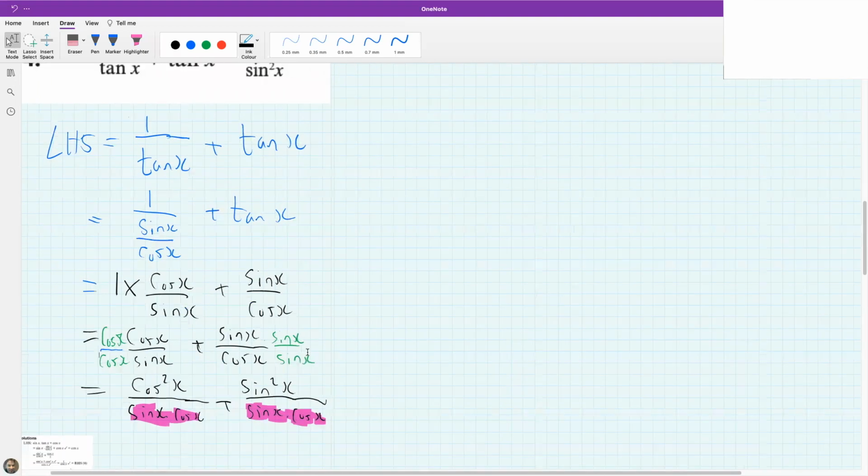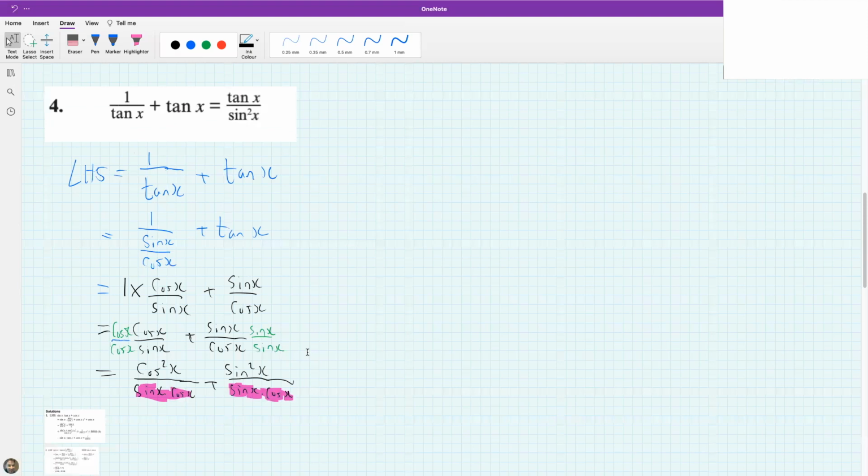Okay, but it still doesn't look the same as the right-hand side. This is where we're trying to get to. What's my next step going to be? So if you want, you can put the step in like cos squared x plus sine squared x over sine x times cos x.